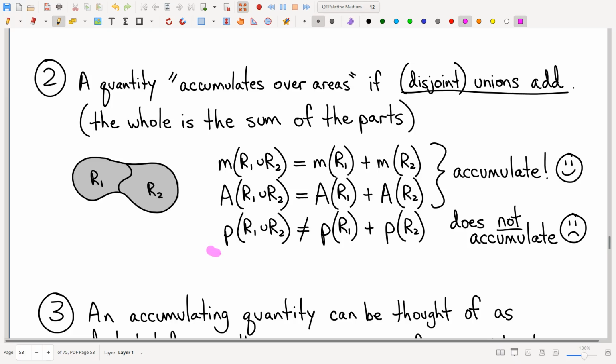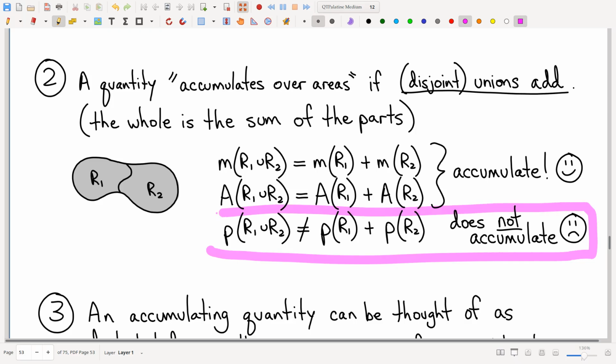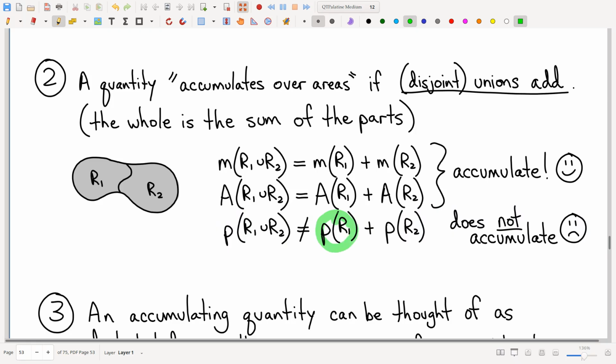But not perimeter. Right? So I think this is an important counterexample. Not everything is an accumulating quantity. There's plenty of things I might be interested in that I can associate to a region that just don't accumulate. And the reason why, if you think through the picture: the perimeter of R1 is, if you will, that distance.